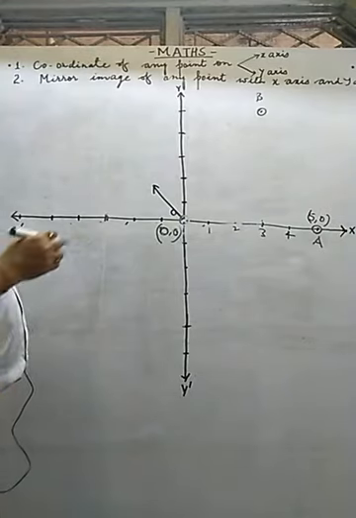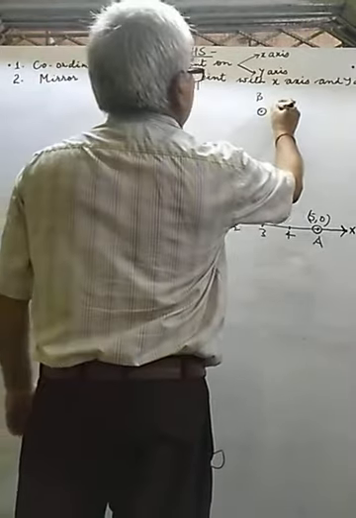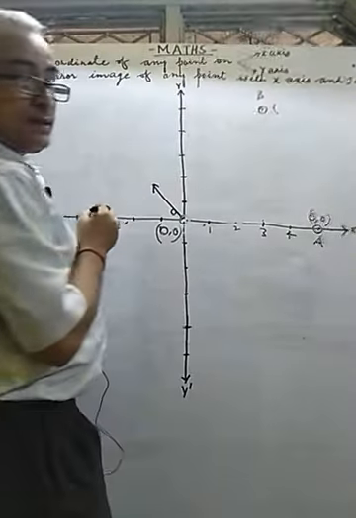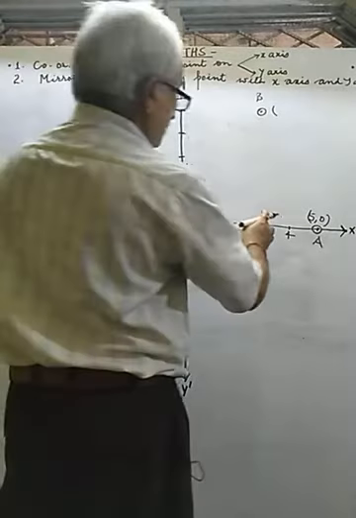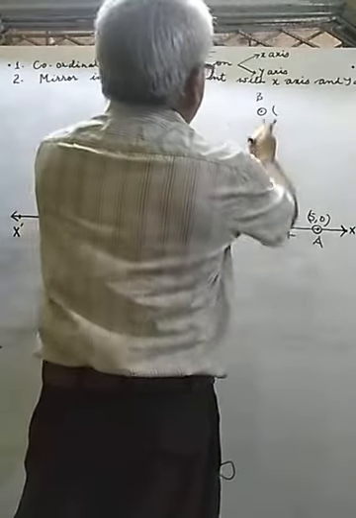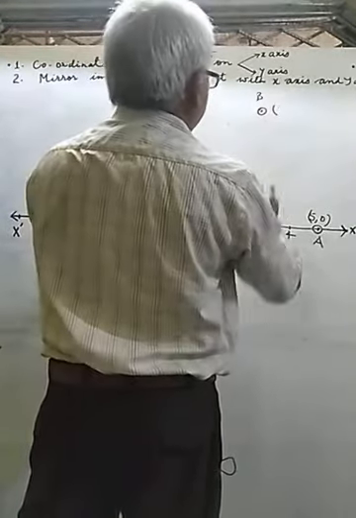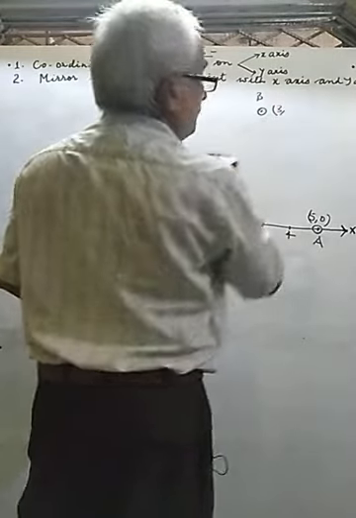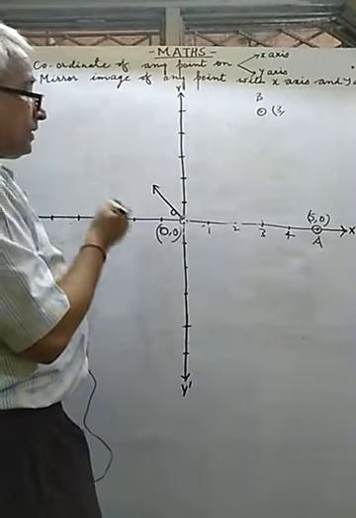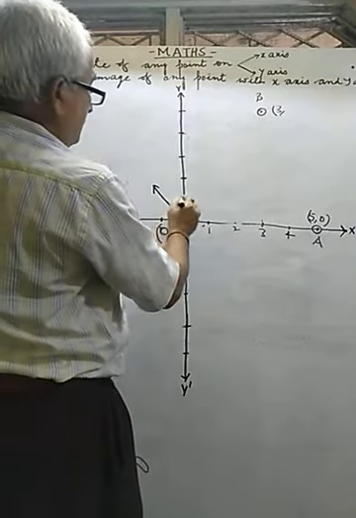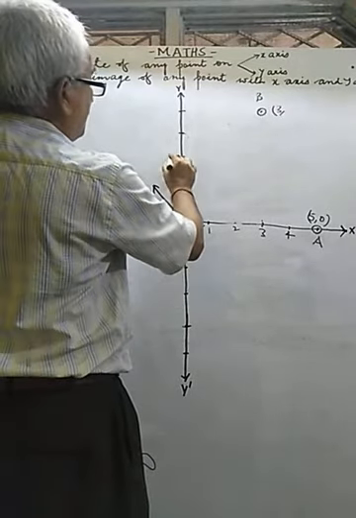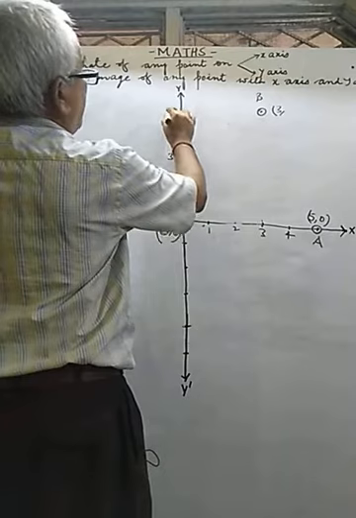And what will be the coordinate of this B? Firstly, we have to note down the abscissa. What value of abscissa is here? It is this distance. This one is 3. So abscissa is 3. And what value of ordinate is there? 1, 2, 3, 4, 5.